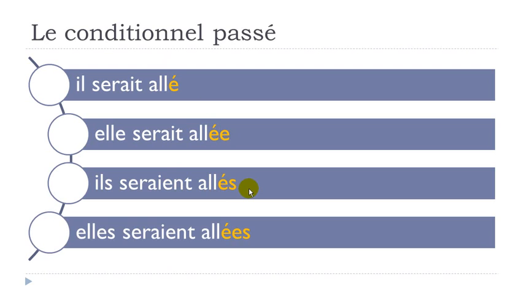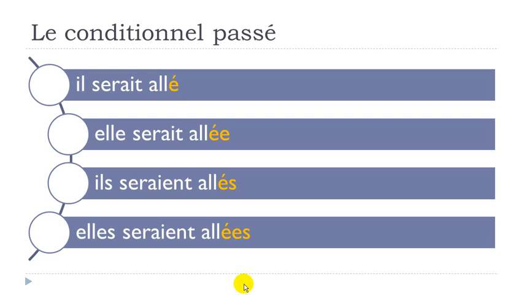Okay, and then logically, feminine plural, then you should add a mark of the feminine, as we had previously, and s mark of the plural. And guess what? You don't pronounce it. Okay? So phonetically it's allé, allée, allés, and allées. All right? But you need to write them.